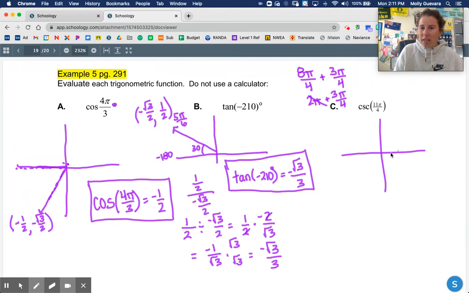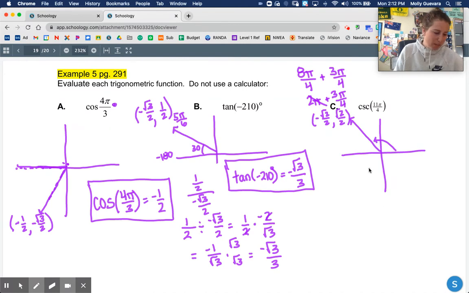And then 3 pi over 4 is 1 pi over 4, 2 pi over 4, 3 pi over 4. So something like that right there. And hopefully we know my x-coordinate is going to be negative root 2 over 2, and my y-coordinate is going to be root 2 over 2 positive.